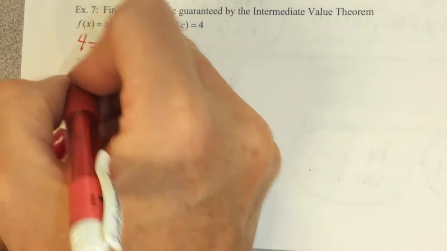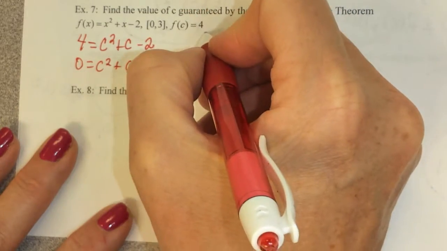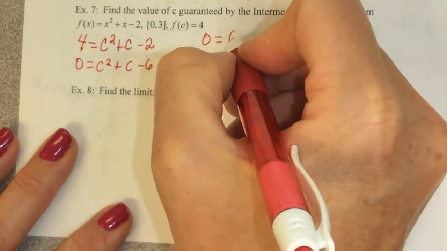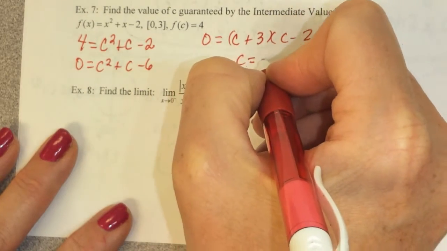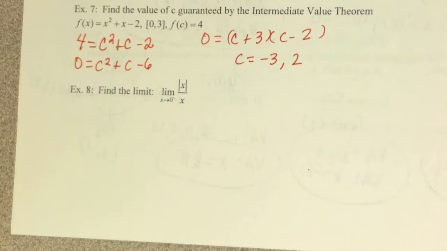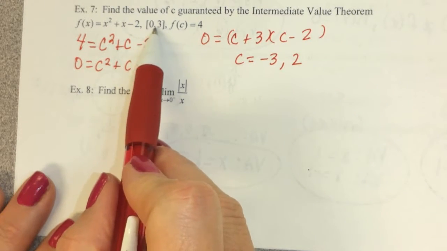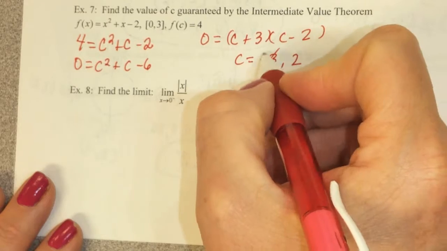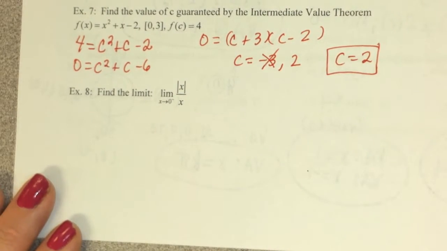To solve a quadratic, we get it set equal to 0. So now I'd have to factor that. I get c equals negative 3 and 2. So does that mean my answers are negative 3 and 2? No, the negative 3. Right. My interval says that c must be in between 0 and 3. This is not in between 0 and 3. So therefore, the only answer is c equals 2.